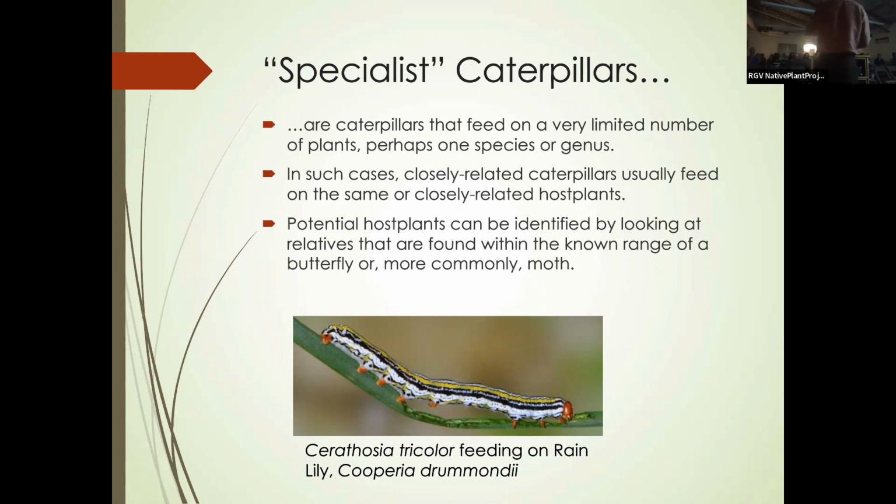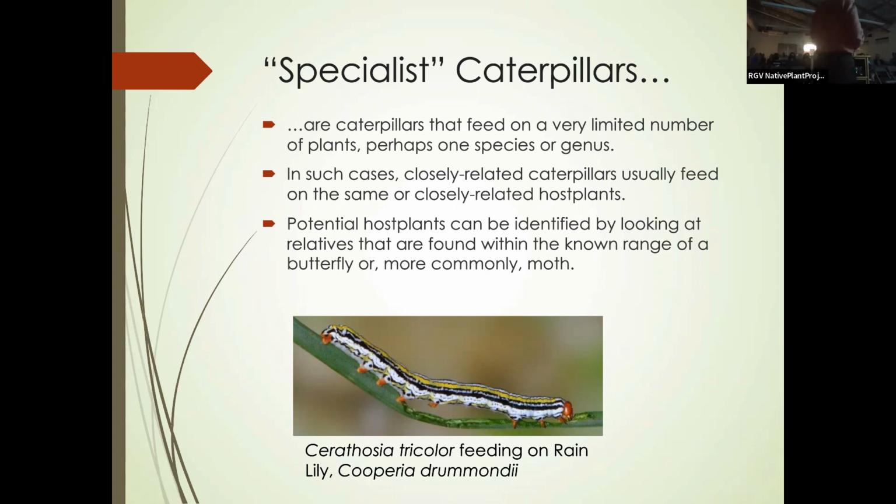So if you know what one caterpillar feeds on, and you're looking at a sister species, you look for plants that are very closely related, but also have the same range generally as the moth or caterpillar.